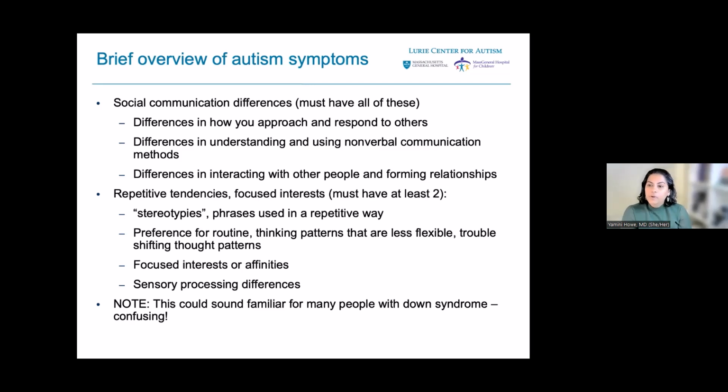However, if you have both, we've seen that people generally have a much more difficult time using social skills than you would expect for another person with Down syndrome at a similar intellectual and communication level.